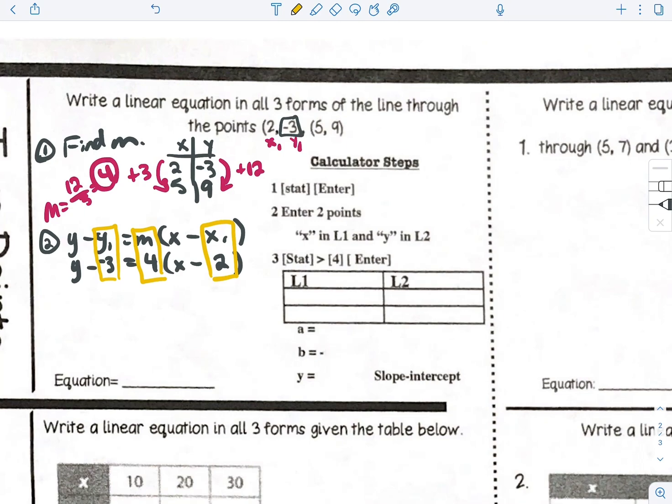All right. So from here, this is point slope form. So that's one of the forms, point slope. If we want to put it in slope intercept, we continue to simplify and solve for y. So we would distribute the 4 inside.